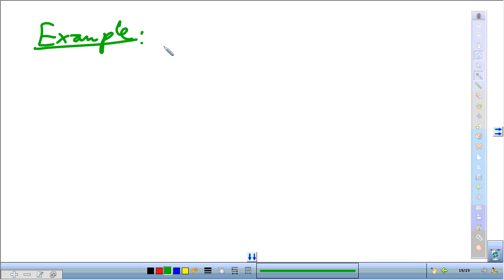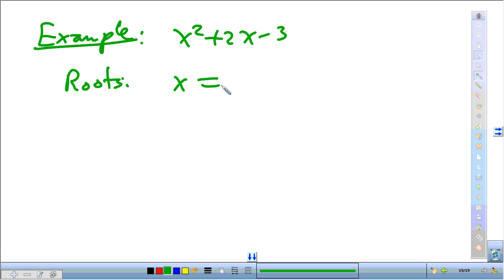So take the polynomial, for instance, x squared plus 2x minus 3. Look at the roots. So x equal, let's see, b would be plus 2, so we get minus b, and then we have two possibilities, plus or minus the square root of b squared, so 2 squared, minus 4.